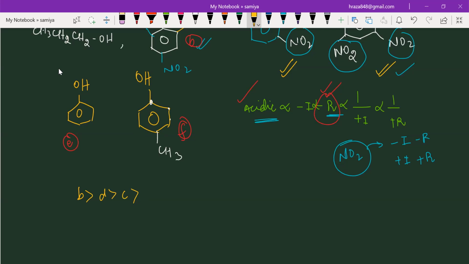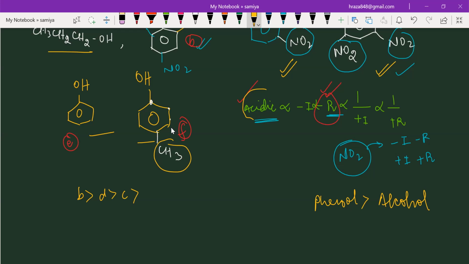Now we are going to decide from this. You should know phenol is more acidic than alcohol. And what is the character of this CH3? Rim, what is the nature of this CH3? Plus I, plus R, minus I, minus R?